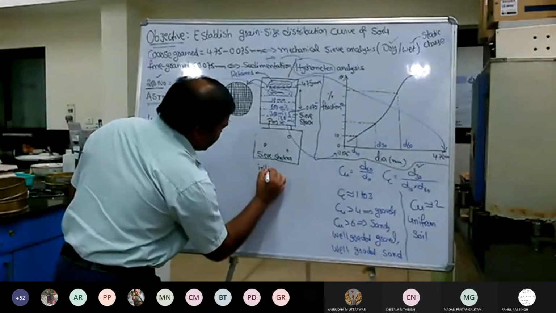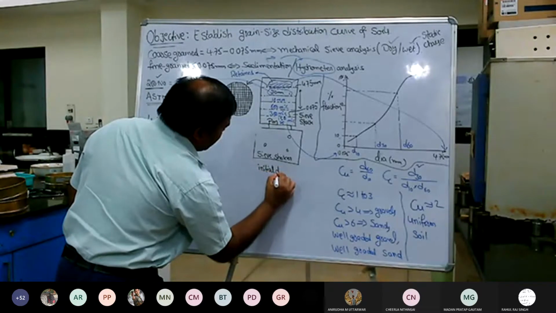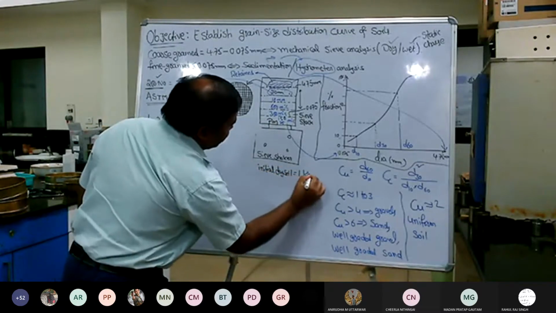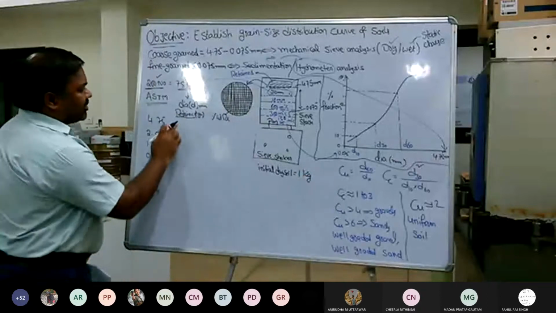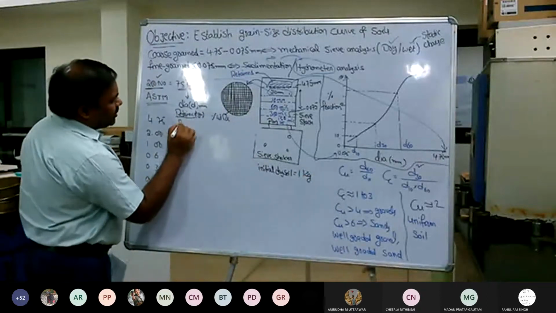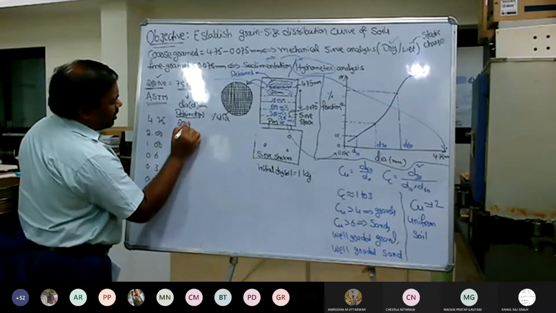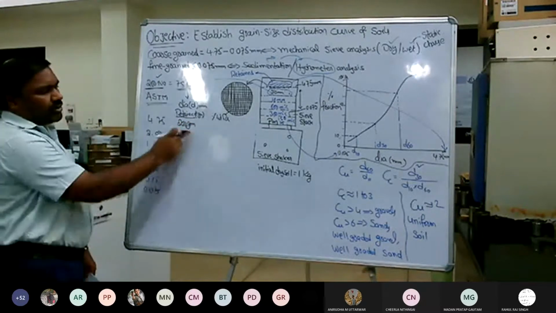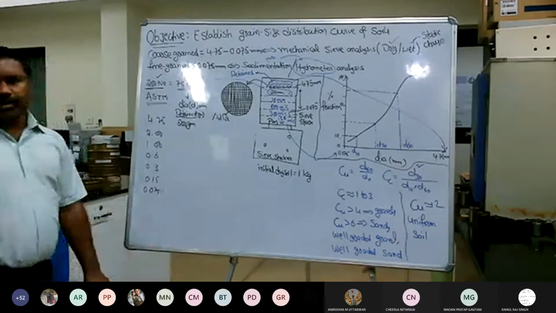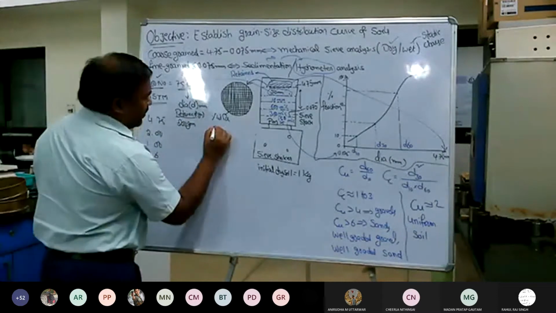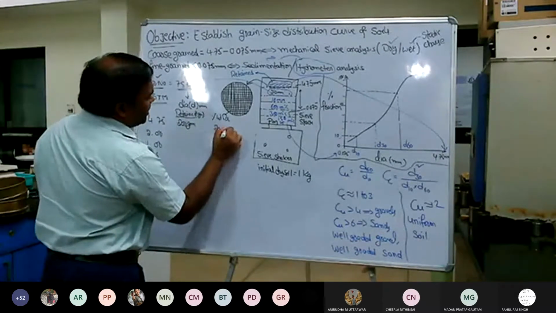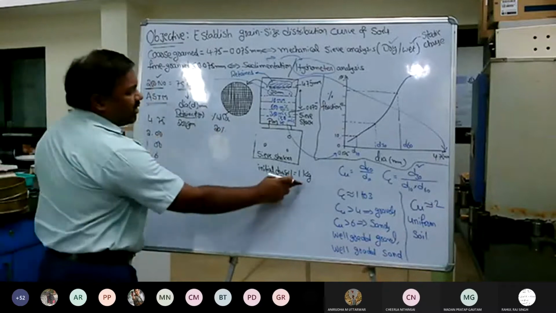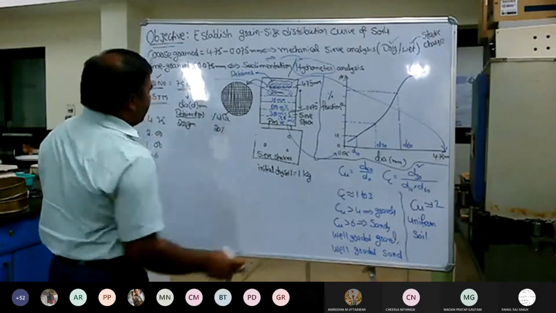The initial dry soil that I have considered is 1 kg. For example, here the weight retained is say 200 grams. So percentage weight retained is 200 by 1000, so maybe 20%. That is 200 divided by the initial weight of 1 kg.